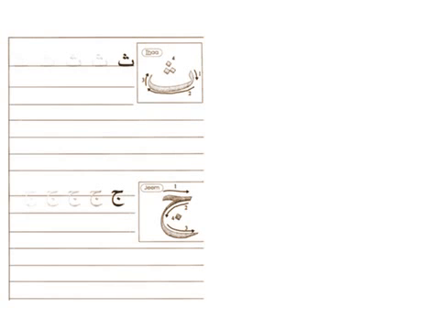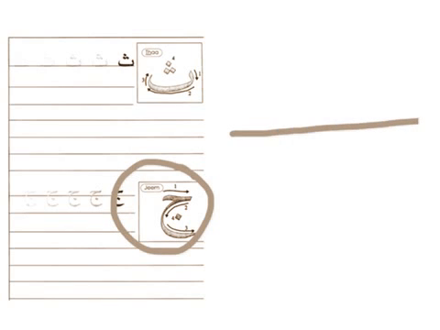Okay, let's go on to the bottom of the page where we're going to learn to write the letter jeem. This one's a little tricky, so you'll want to watch carefully. Here's your line. Start above the line, go back down underneath the line, and put a point in the middle.